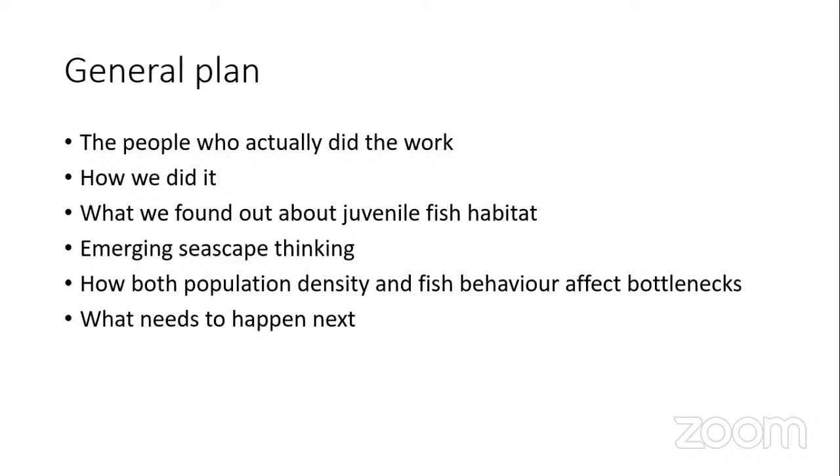And then one of the big issues, obviously, is thinking about bottlenecks. So are there stages in life histories or particular habitats that cause bottlenecks? So you could have plenty of juveniles going in, but not very many coming out. And then some suggestions about where we're currently going with this work and other things which are worth doing afterwards.